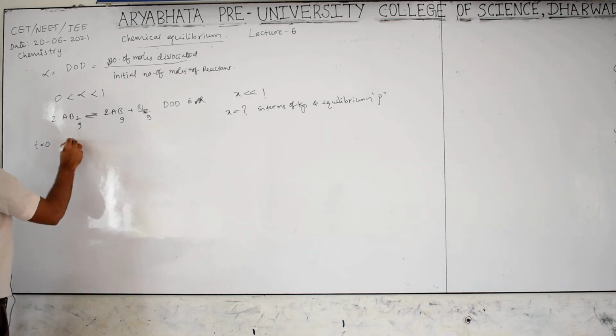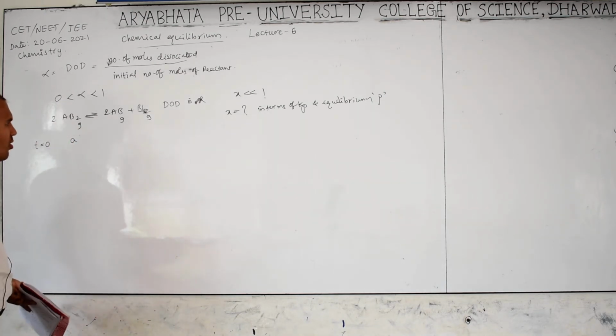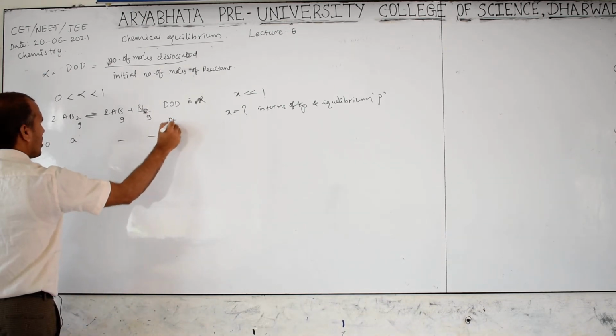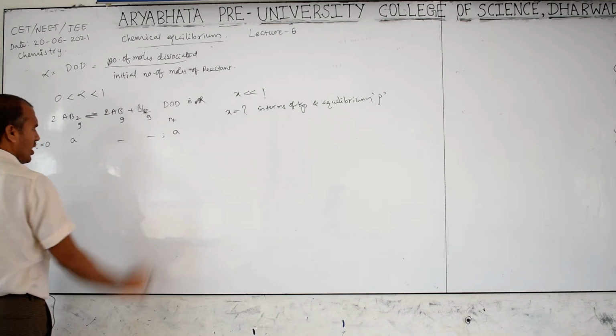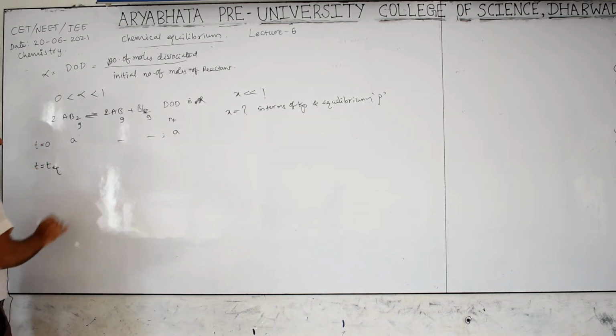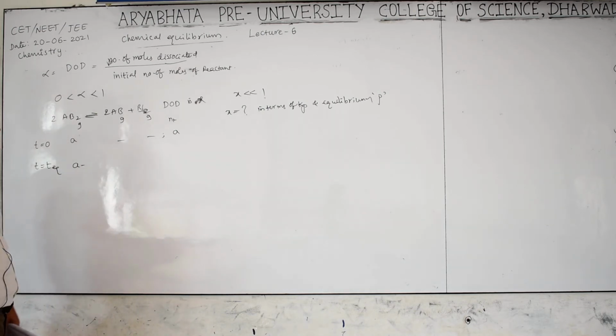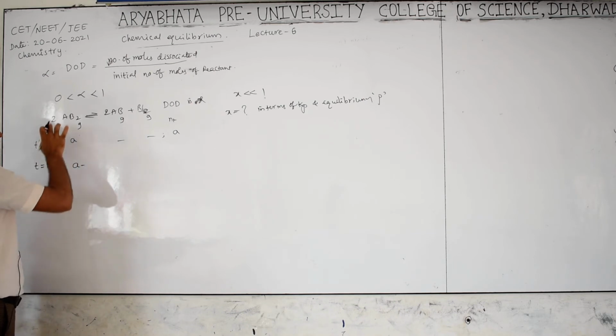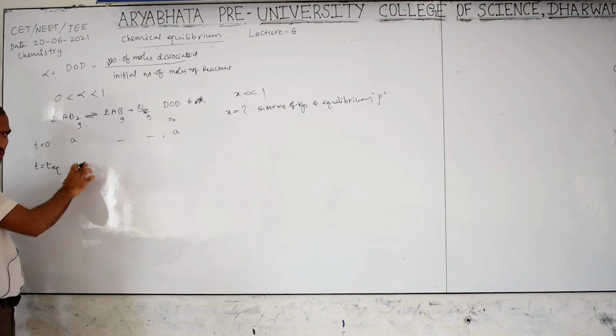This is A moles, because the question does not give how many moles. N total is A, the initial moles. Then at time T, equilibrium, this is A minus 2x.